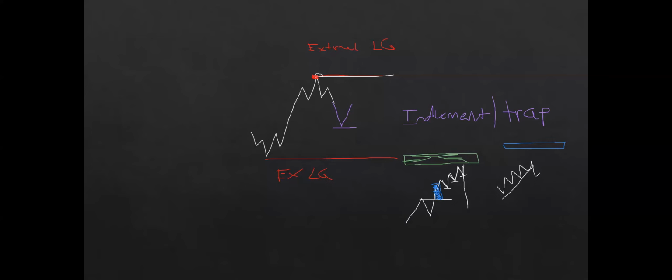And then price, for example, here, you see how I broke structure? There are sellers coming in the market in here. There are sellers coming in the market. And then what happens is price pushes up, comes into our POI. And then that's where we short. That is what an inducement is, okay?